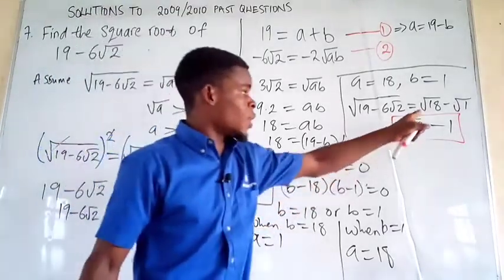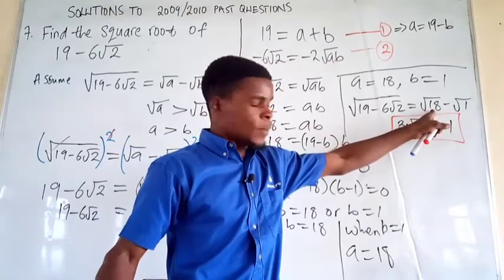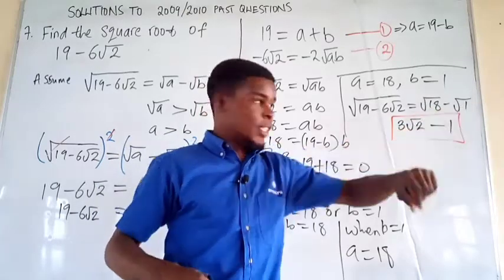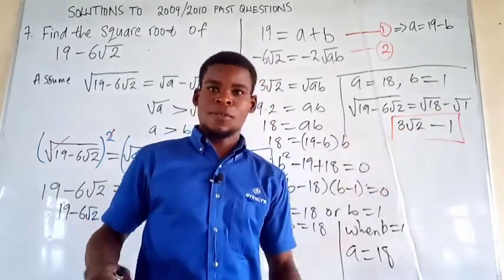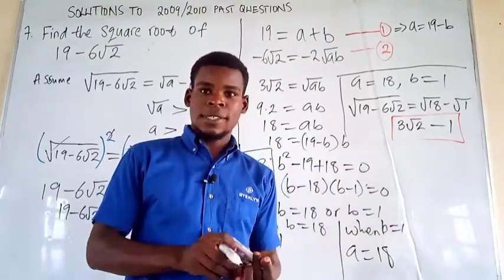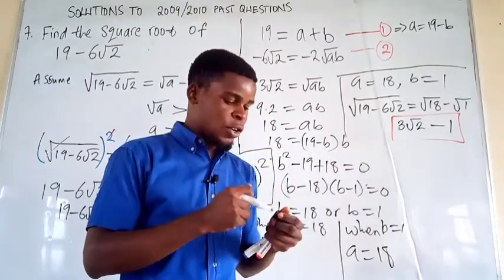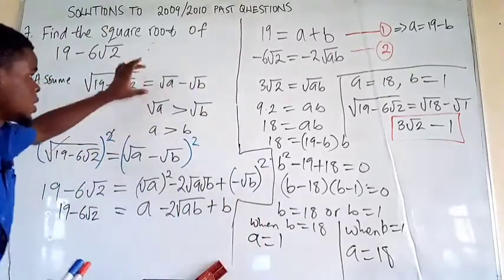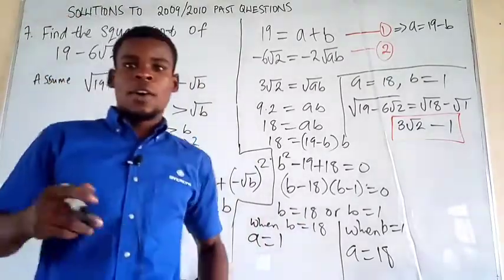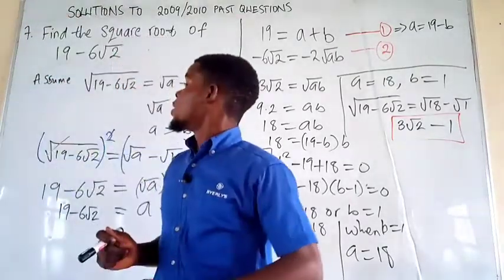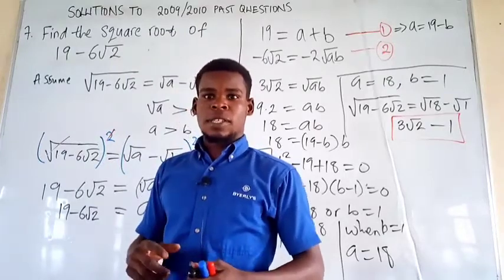That means we were going to have the square root of 1 minus the square root of 18, which will be 1 minus 3 root 2. Well, it's still going to give us the same thing. But once we are looking for the positive square root, we consider root a to be greater than root b. That was a very nice question. Let's move over to the 8th question.